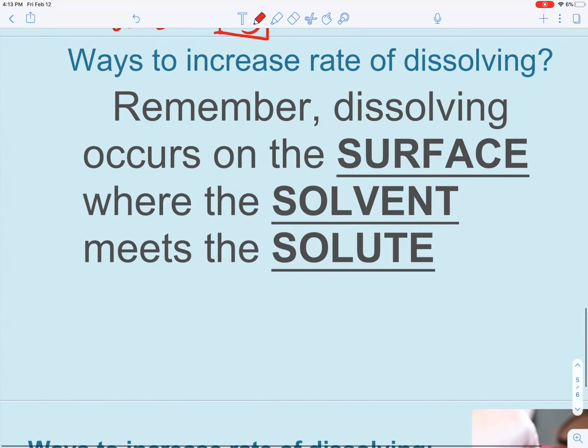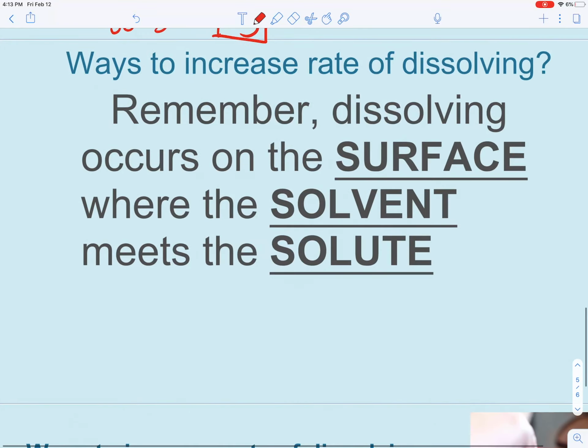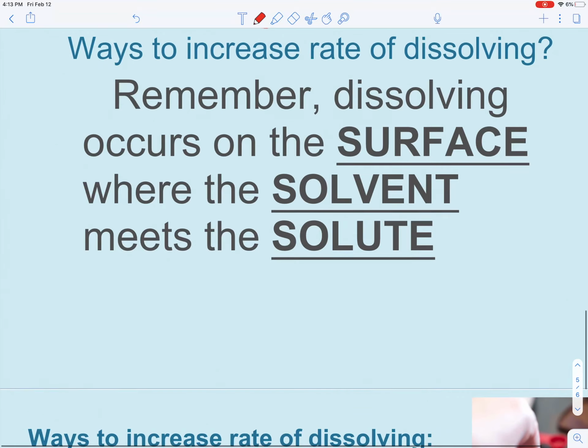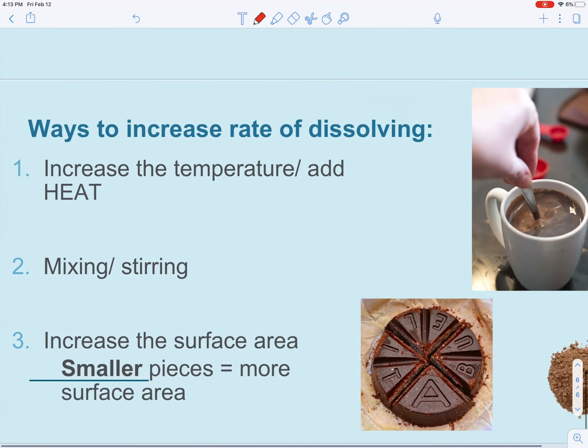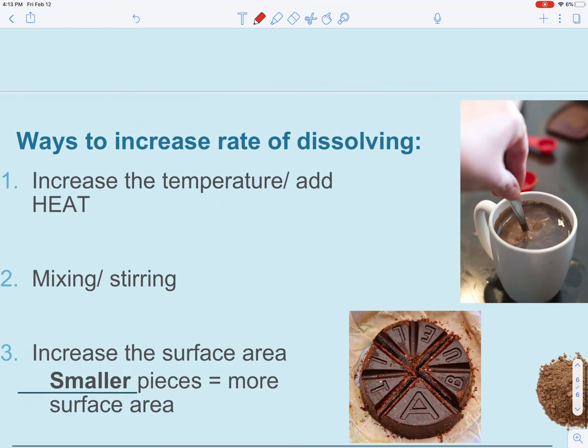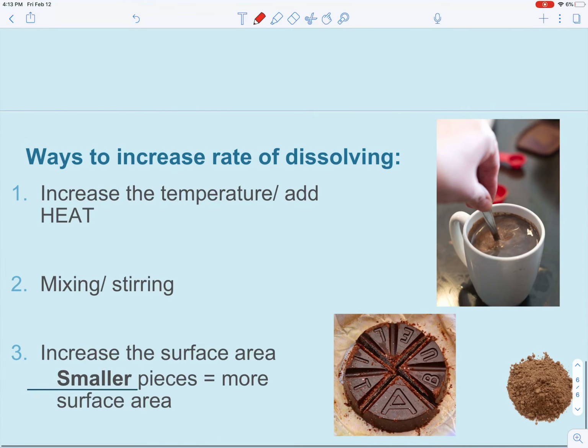How can we increase the rate of dissolving? One thing to keep in mind is that dissolving occurs on the surface, where a solvent actually makes contact with a solute. You probably know some ways to increase the rate of dissolving. Here I'm going to use hot chocolate as an example.